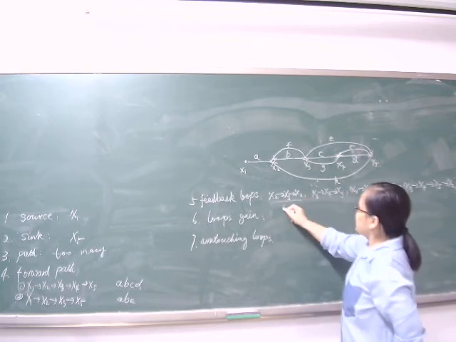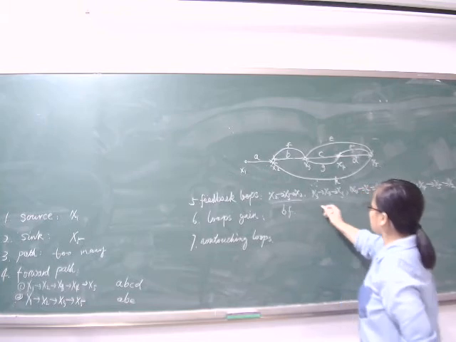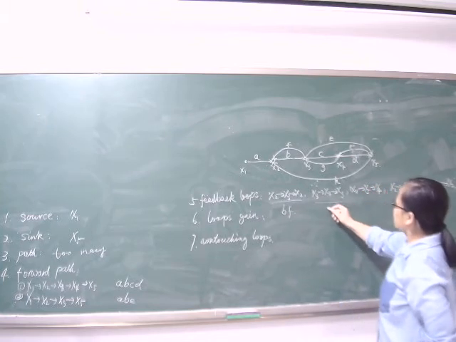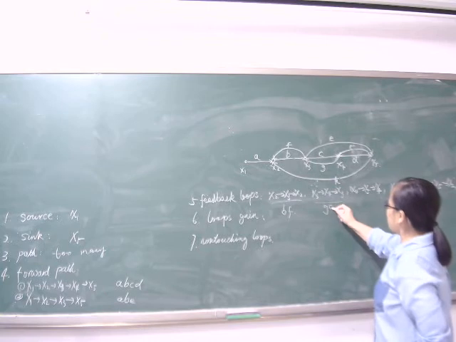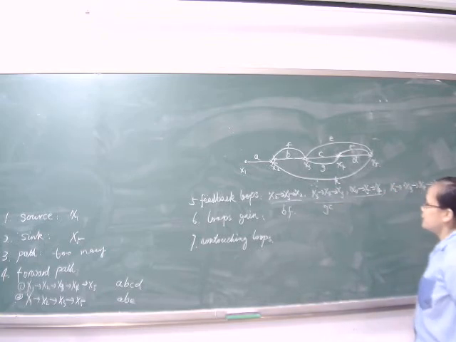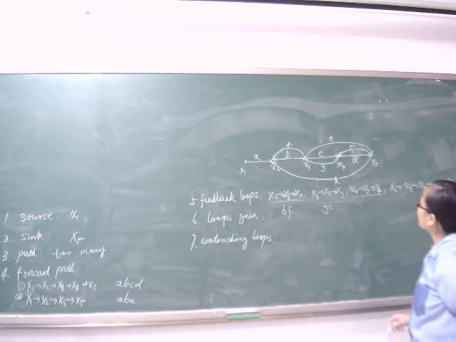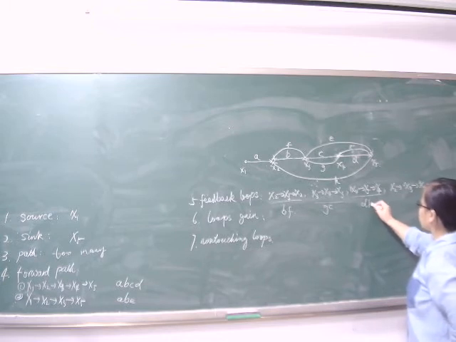The loop gain is PF. This then, what is this? CG, GC. This 4, 5, 4, DK, DK. Yes, DK.